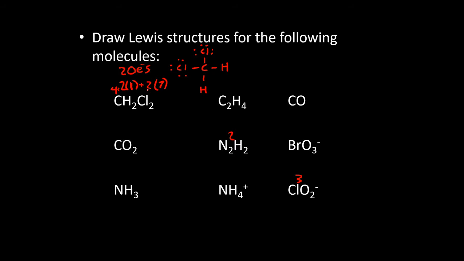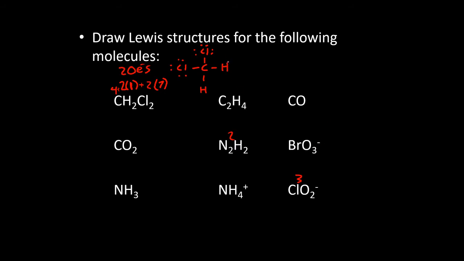And I didn't stop there because I finished filling up the chlorines. I stopped there because I ran out of electrons. I only had 20 electrons to give, and I put in 20 electrons. So now I'm going to check and see if everything that wants an octet has an octet. And if I look, yes indeed, everything that wants an octet has an octet, and hydrogen, which just wants the single bond, the duet, also has what it wants. And so it is happy.